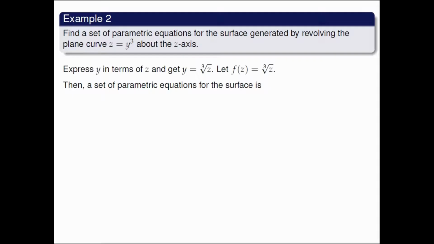Since we are revolving about the z-axis, we have z equals z. Since the equation of the plane curve is of the form y equals f of z, y is equal to f of z cosine theta is one of the parametric equations. And for the remaining variable x, it's equal to f of z sine theta.